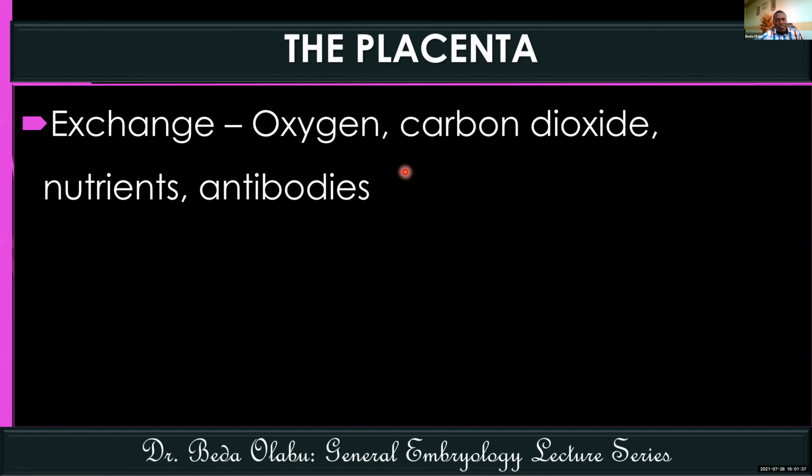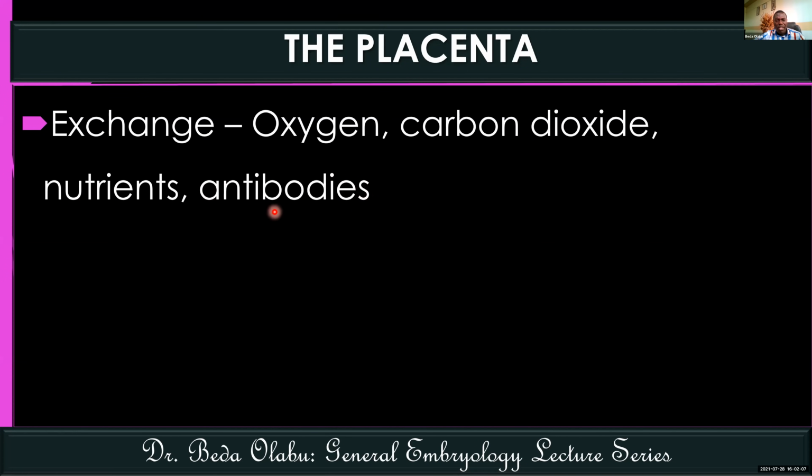So what are the functions of the placenta? The placenta has exchange functions. So a number of substances are exchanged at the placental site. For example, oxygen moves from the mother to the fetus through the placenta. Carbon dioxide moves from the fetus to the mother through the placenta. Nutrients move from the mother to the fetus.